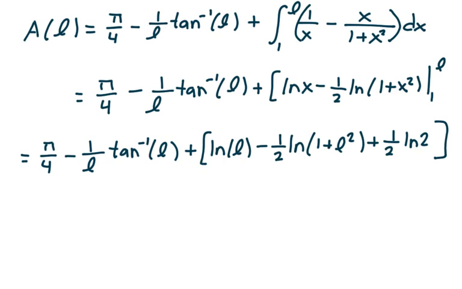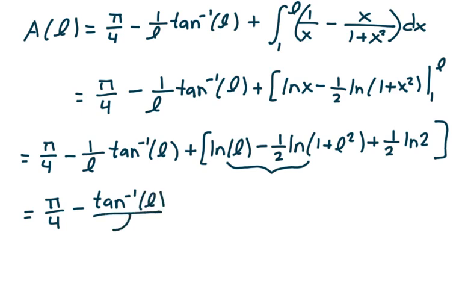Okay? Now, we have a property of logs for these two guys. So it's tricky. So this is pi over 4 minus arctangent of L divided by L. And then I claim I'm going to write this as natural log of L divided by the square root of 1 plus L squared.